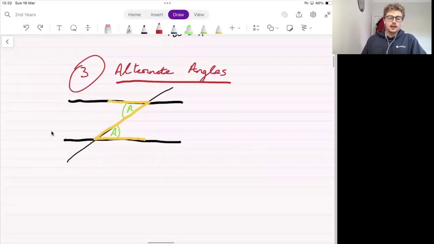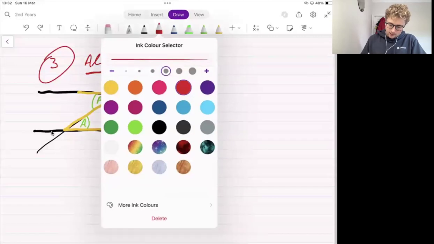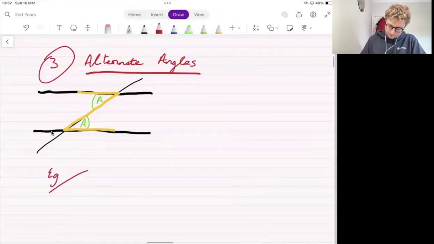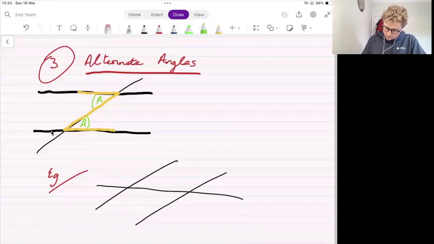So, let's do a question here. If we have two parallel lines and a transverse like so, this is the angle 45 degrees.